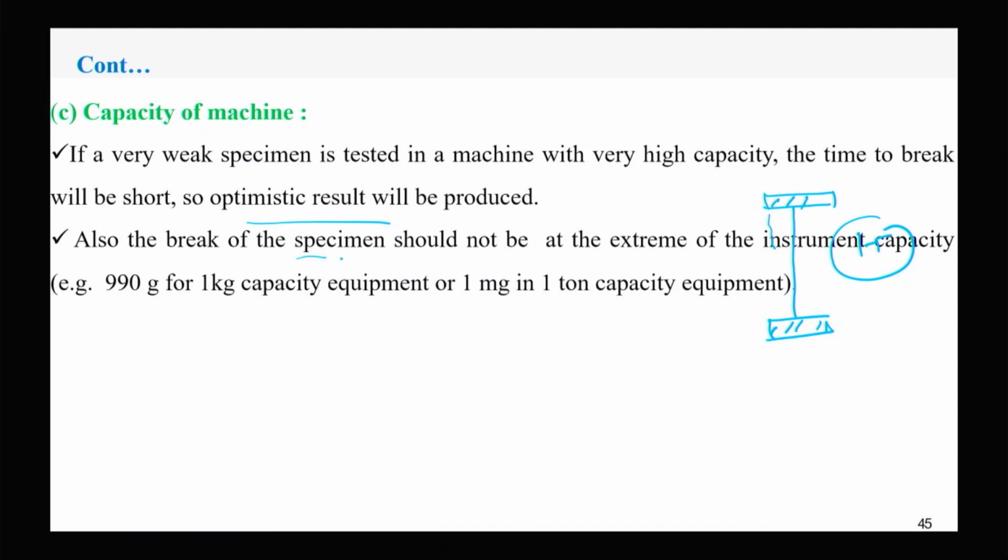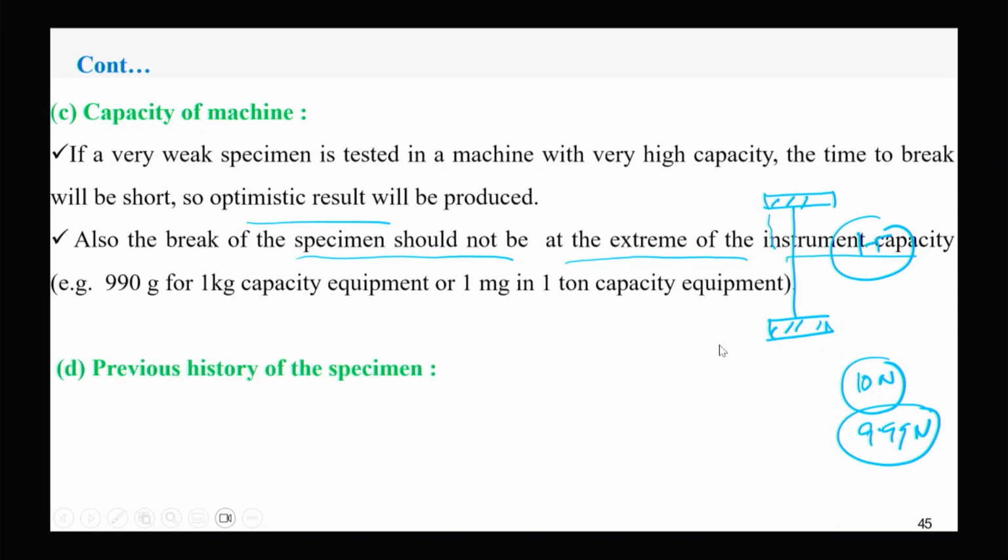Also, the break of the specimen should not be at the extreme of the instrument capacity. Suppose a machine's maximum load is 10 Newton. We should not test a yarn that is nearly 9.99 Newton. So it should not be close to the extreme capacity of the instrument.